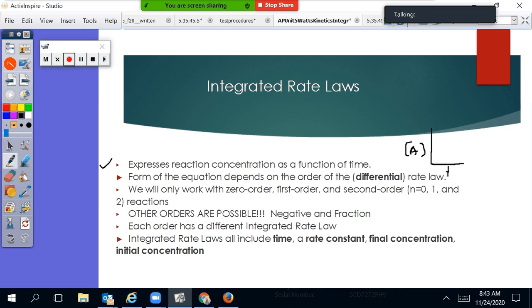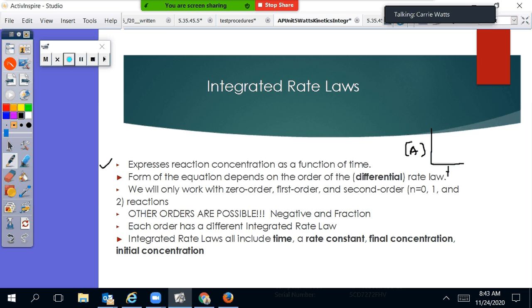Now, the form of the equation will depend on the order of the differential rate law, which is what we talked about yesterday, and we'll review that.